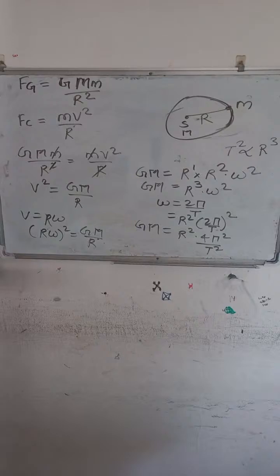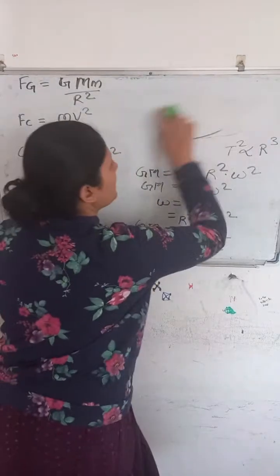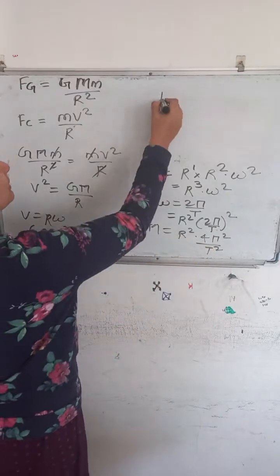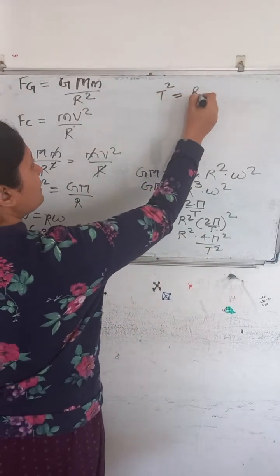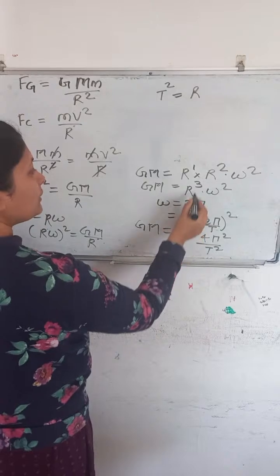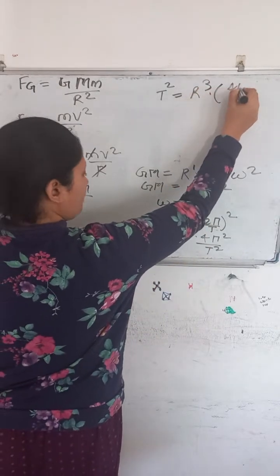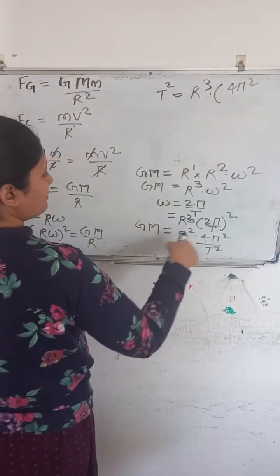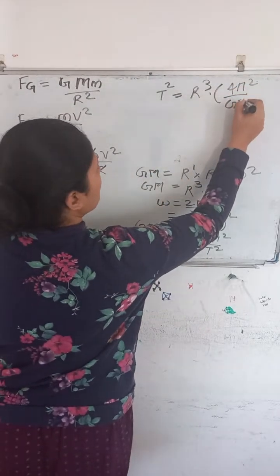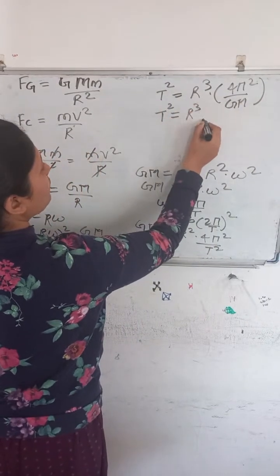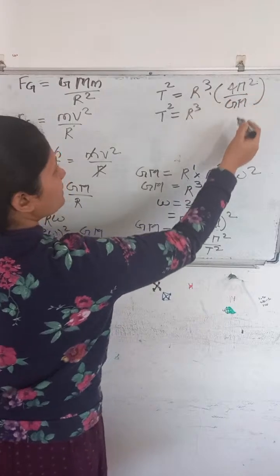Now we have to transpose that T square. Just check how I am solving here. T square is equal to R cube into 4 pi square, and this GM also I transpose to this side. So T square is equal to R cube times 4 pi square by GM.